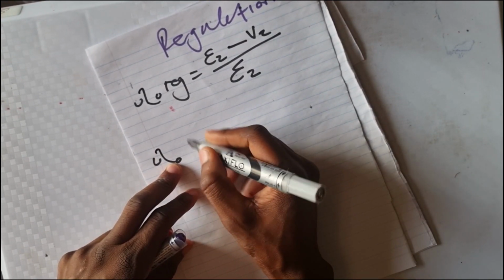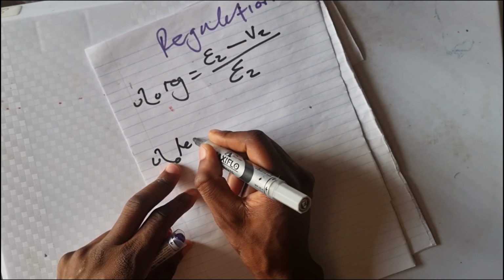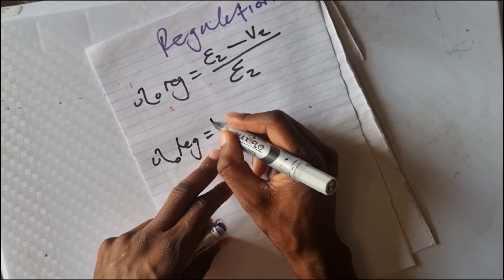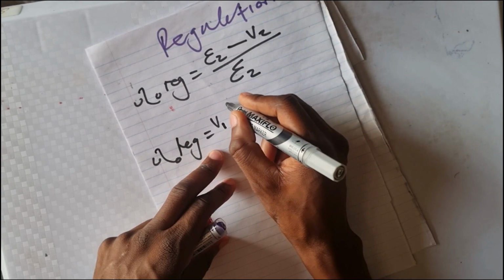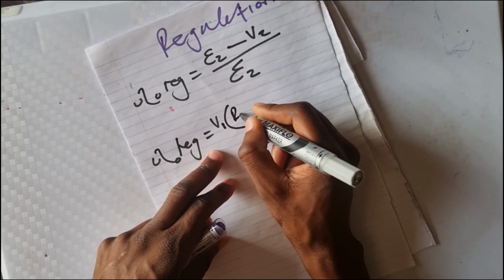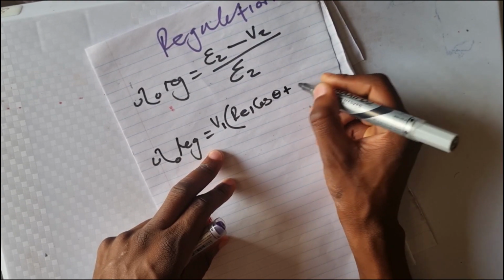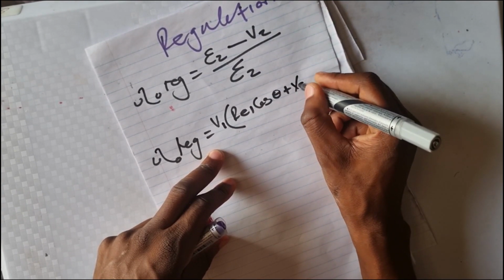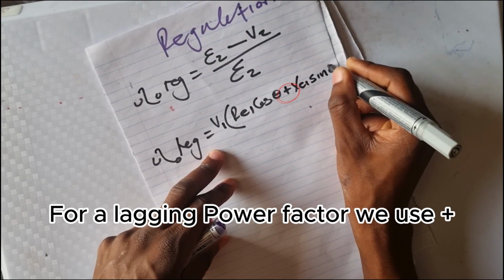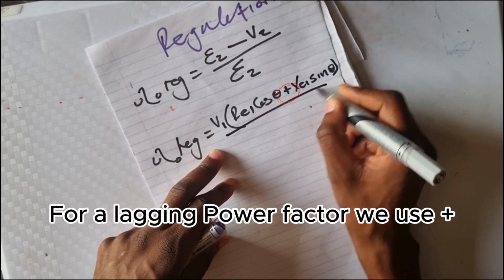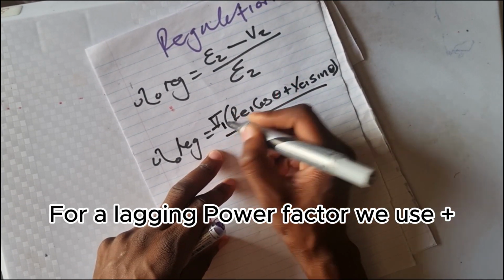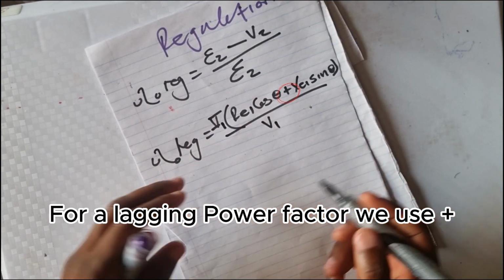We can use a formula where the percentage regulation is equal to I1 bracket RE1 cos theta plus XE1 sin theta, all over V1.